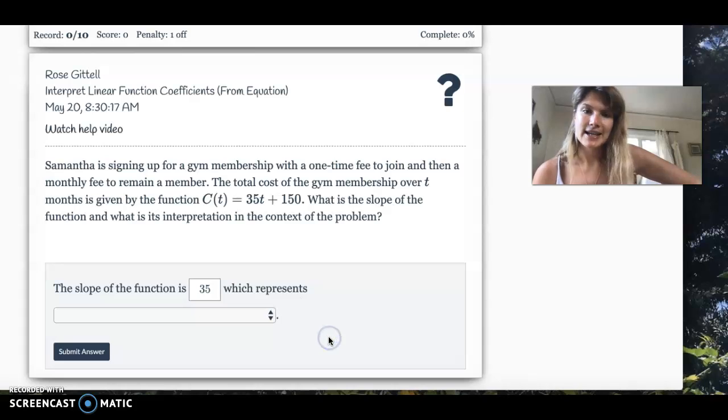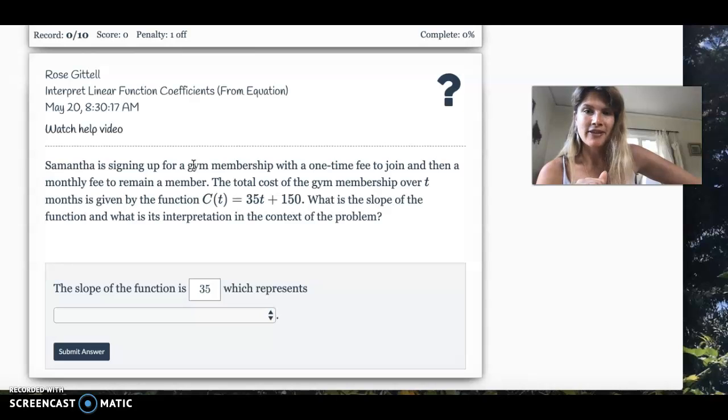All right. We also know, thinking to the context of what this equation is representing, Samantha's joining the gym. She has this one-time fee to join. So she signs up, and they say you have to pay a certain amount.